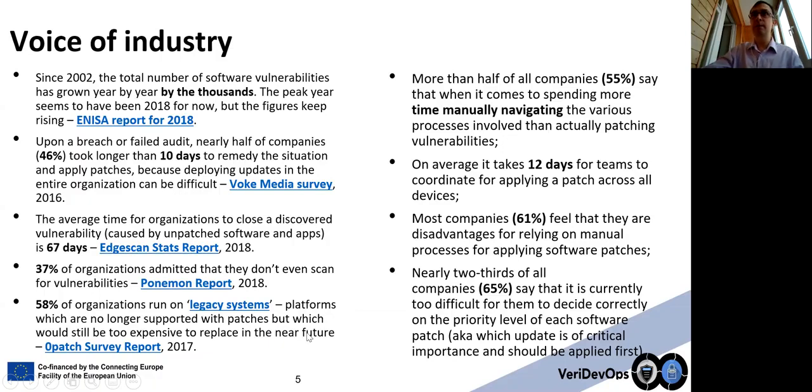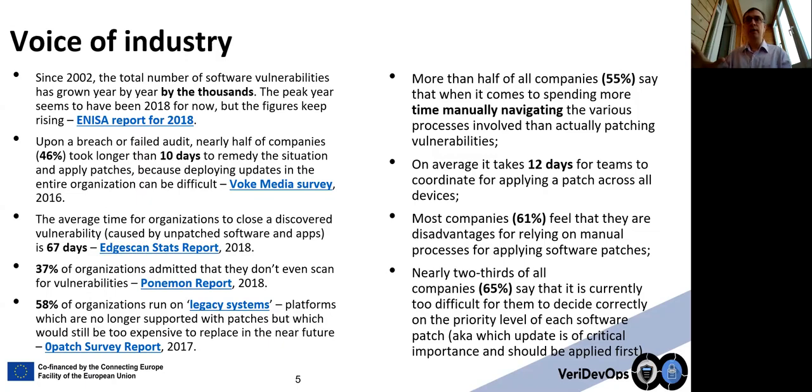Most companies feel disadvantaged and rely on manual effort and process to patch the software. And two thirds of all companies say it is too difficult to correctly prioritize the vulnerabilities and detect the ones that are potentially most harmful and urgent to treat.